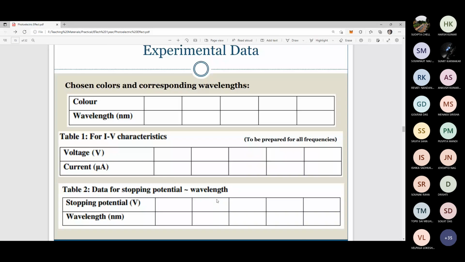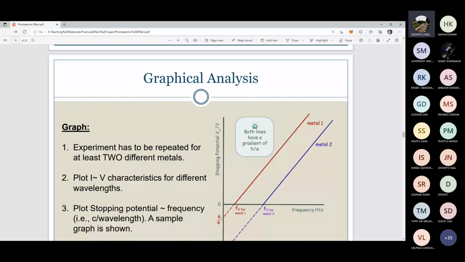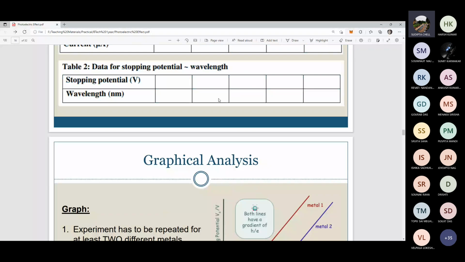Sir, do we have to plot the graph for only table 2 or for both tables? No, only table 2. This graph is for table 2. For 2 different materials, you have to make 2 different tables. If you do it for 2 materials, then 2 tables of table 2. For 3 materials, the number of tables will increase, right?